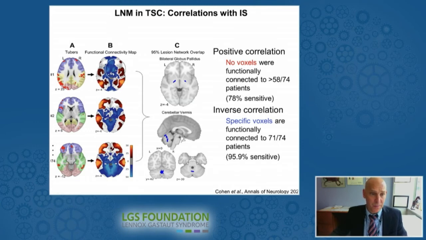And if you put these big lesion maps on top of each other, and you then threshold it and correct it for false detection, then we found that 95% of these tuber distributions were functionally connected to the bilateral globus pallidus, the internal globus pallidus, sorry, and the cerebellum vermis, but it was a little less important. And there were no voxels that were functionally connected negatively anywhere. So 71 out of 74 patients had this connection.